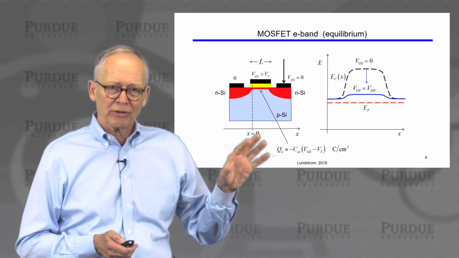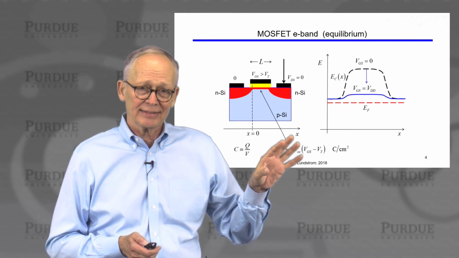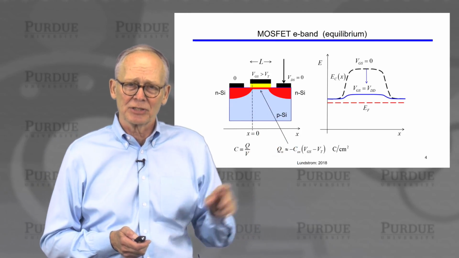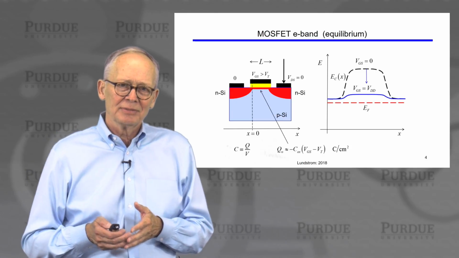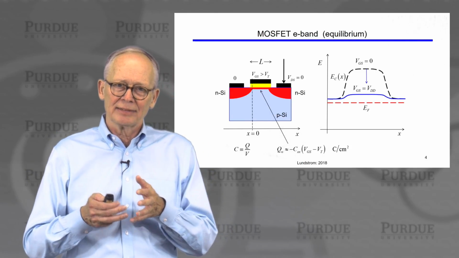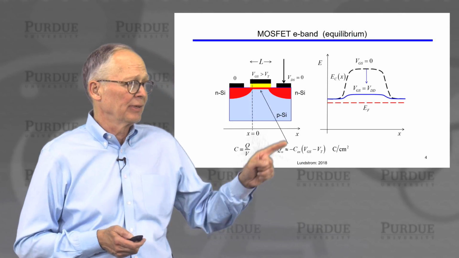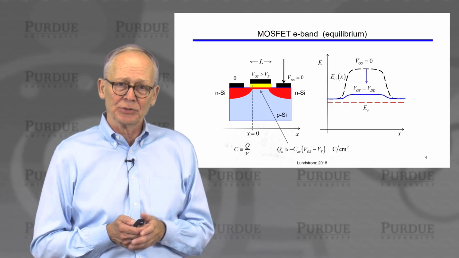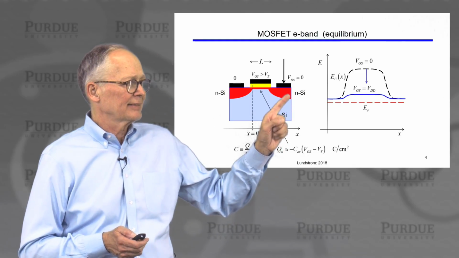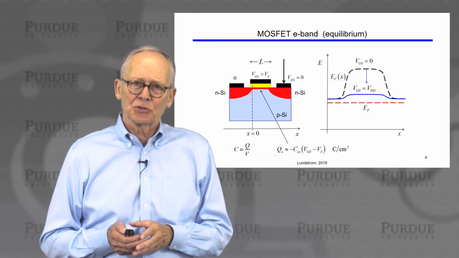We are going to describe the charge in there very simply, and we'll discuss in the next unit where this expression comes from. You remember that the definition of capacitance comes from charge is equal to capacitance times voltage. It's a negative charge because these are electrons, so that's what the negative sign is doing here. The capacitance is the capacitance of this oxide layer, but it's not the total voltage.